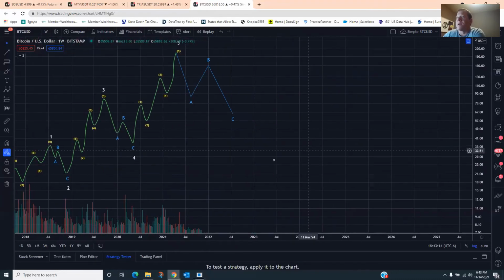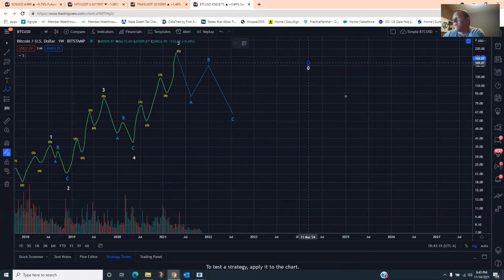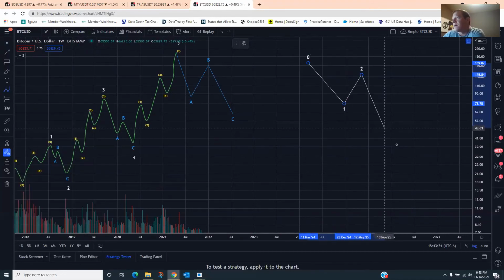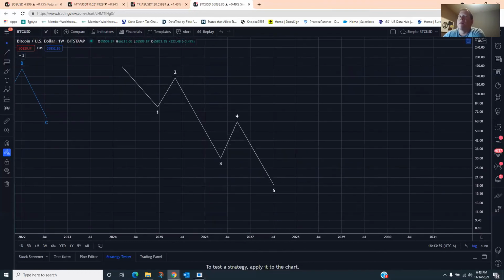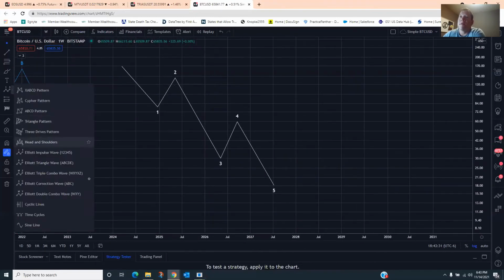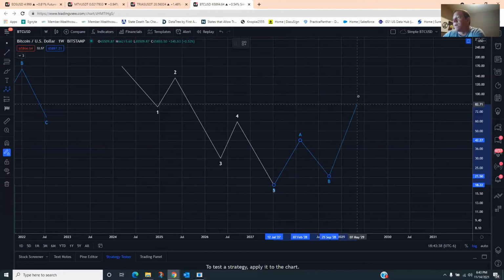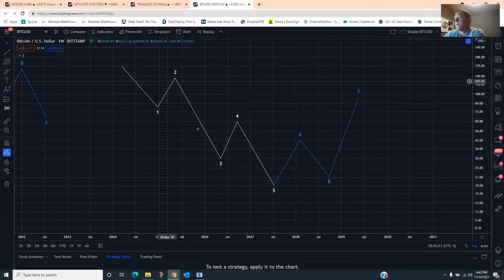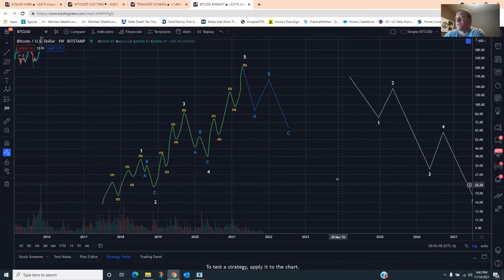So in a bear market, it would look like that, and then your corrective wave would actually go up in price. So here's a bear market, and then there is a bull market.